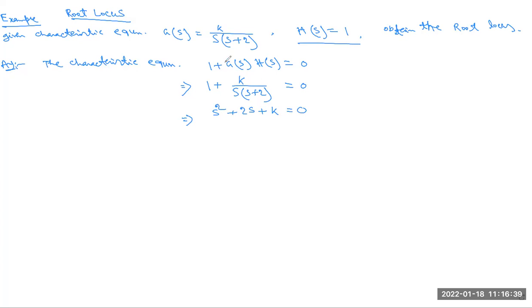Here you can see the highest power is 2, so it is called a second order system. Now you have to calculate the roots of the characteristic equation in the given problem. Why two roots? Because the highest power is 2, the second order system, so there are two roots of the above equation.